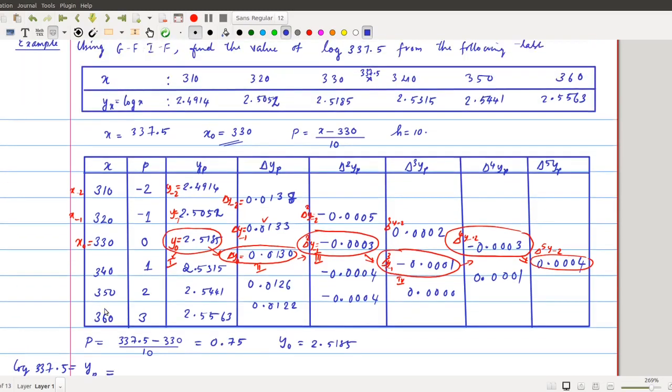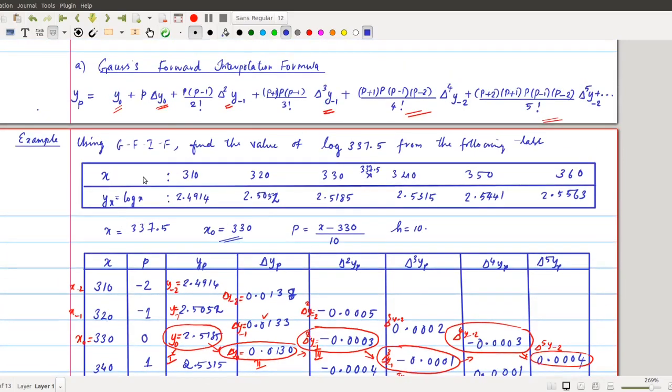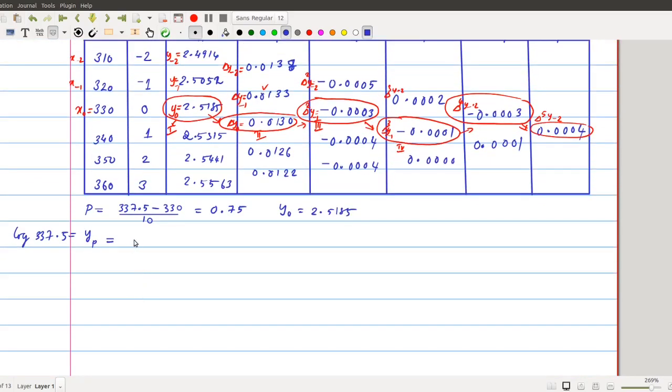So we have the formula. We write the formula: y naught plus p times delta y naught plus p minus 1 divided by 2 factorial delta square y minus 1 plus p plus 1, p, p minus 1 by 3 factorial delta cube y minus 1 plus p plus 1, p, p minus 1, p minus 2 divided by 4 factorial into delta raised to 4 y minus 2.